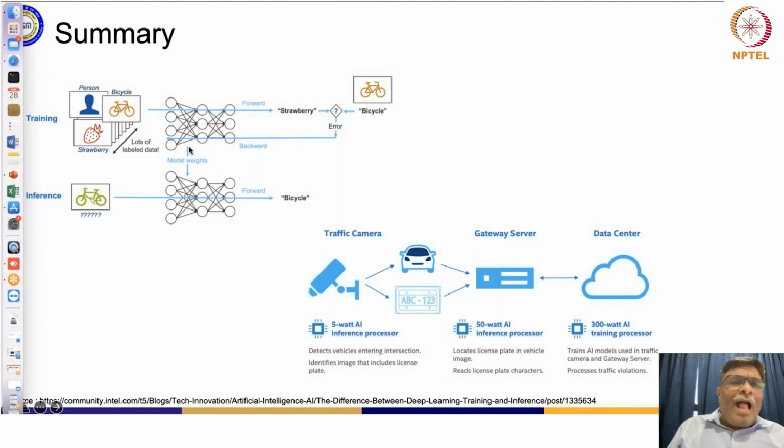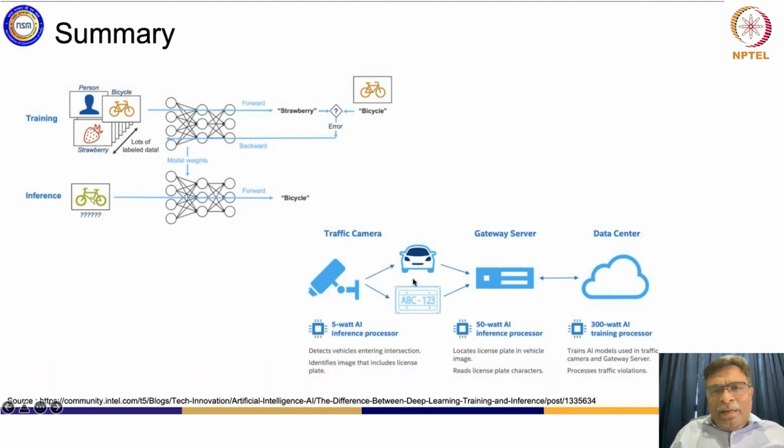Now when you actually bring these model weights to that inferencing edge device, or where you need to deploy, the inferencing is something like you give the input, it should give you the output. This particular system, for example, has to be implemented in some traffic situation, a smart city situation.